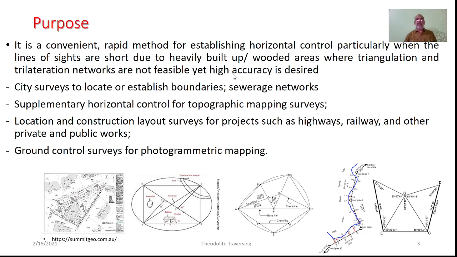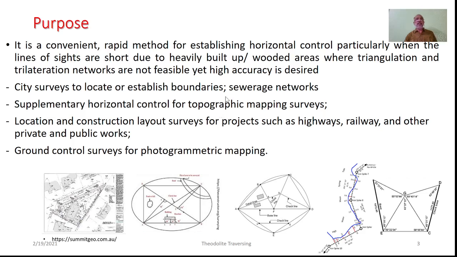However, if the work demands high accuracy, for example city surveys to establish boundaries, sewerage networks or any such network, or if we wish to establish supplementary horizontal control for topographic mapping surveys, location as well as construction layout surveys for major projects such as highways, railways and other private as well as public works.